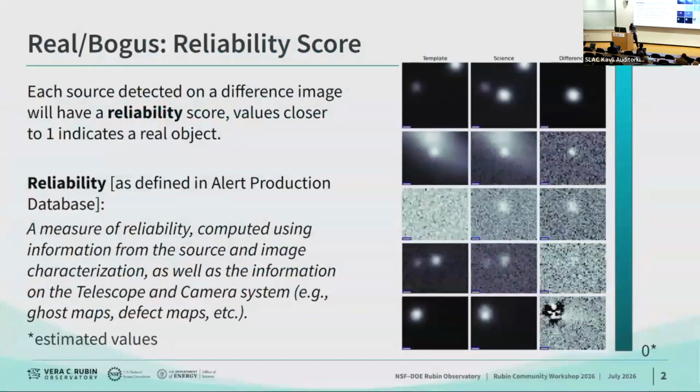So I'm going to talk about the real bogus, and since I have 20 minutes, I'm going to talk about everything. Just to remind everybody a little bit, every DIA source detected on the difference image is going to have a reliability score, where values closer to 1 ideally indicate a real astrophysical object, and values closer to 0 indicate a bogus or an artifact.